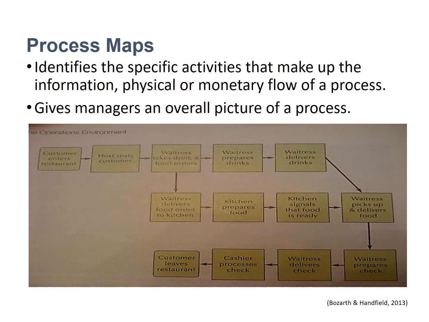A process map identifies the specific activities that make up the information, physical or monetary flow of a process, and this gives managers an overall picture of the whole process. The manager may then redefine and restructure things to make the process even more efficient and effective.